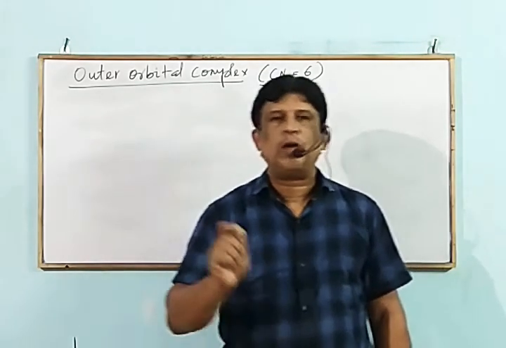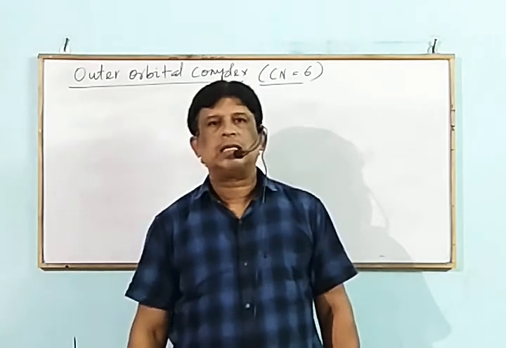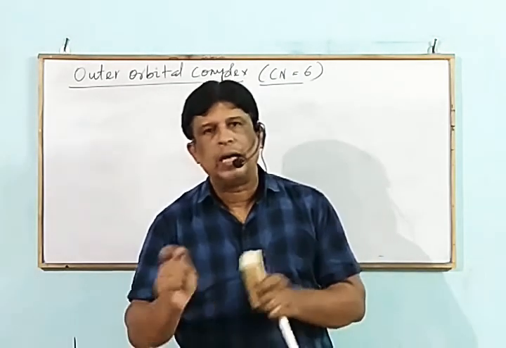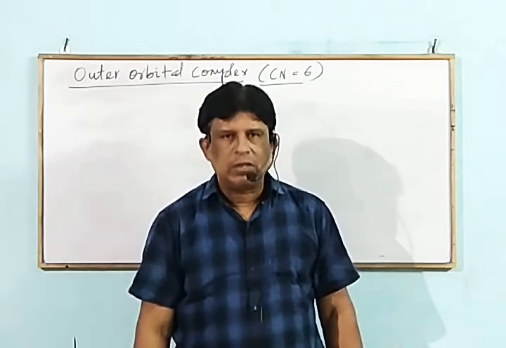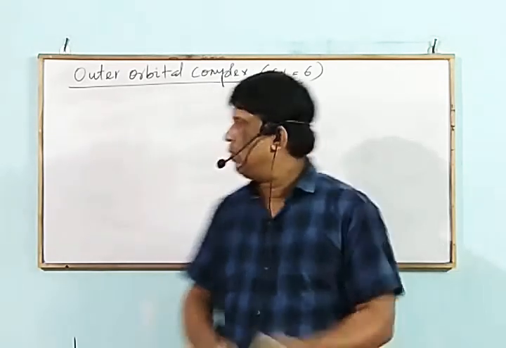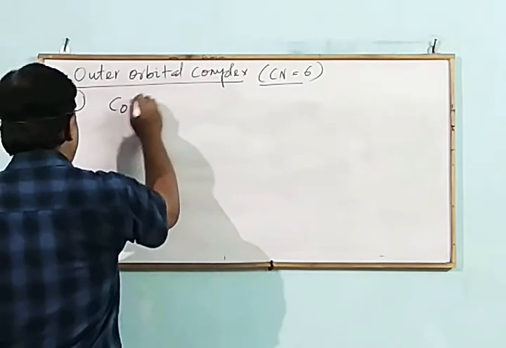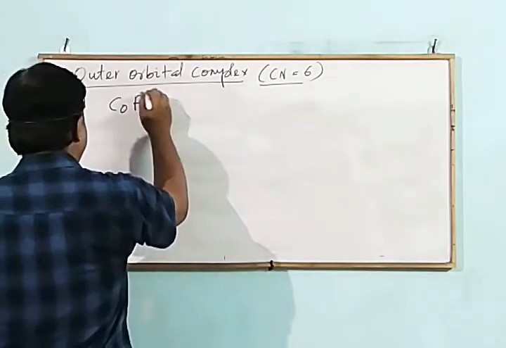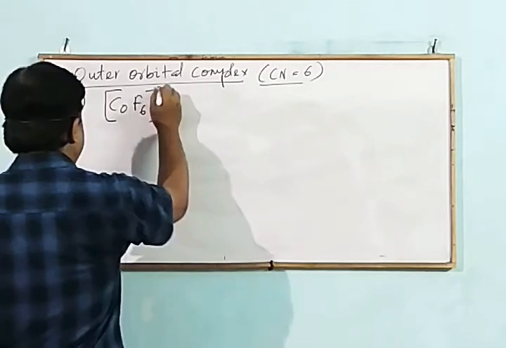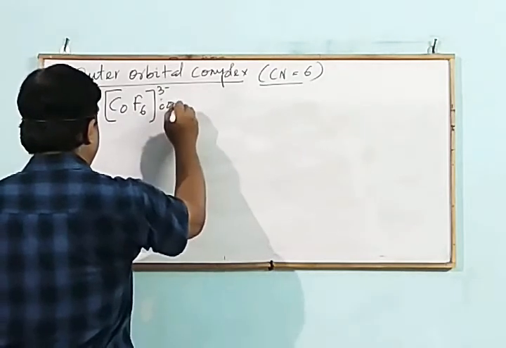Due to the presence of unpaired electrons, they are most likely paramagnetic in nature. So let us discuss one example: the [CoF6]3- complex ion.